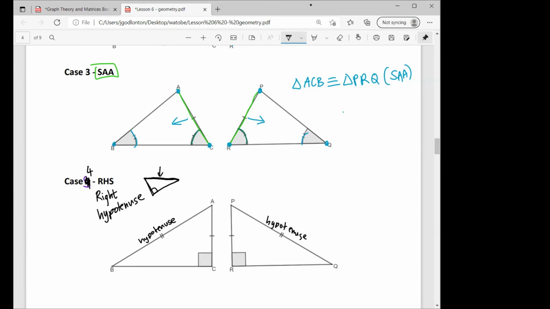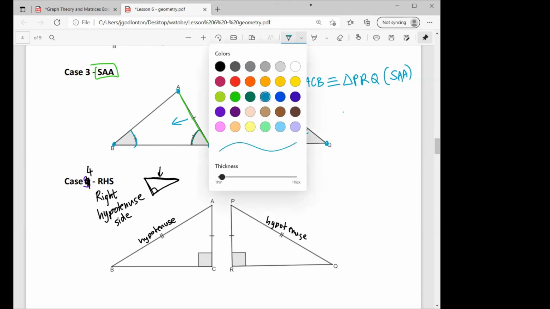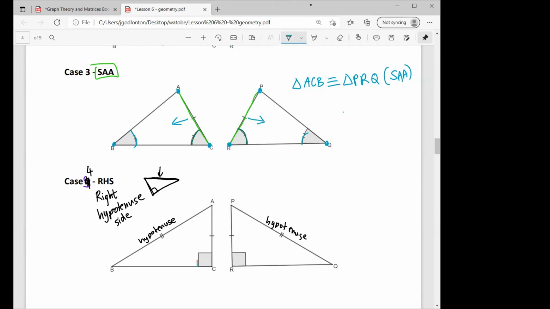And then the S stands for side. So let's have a look. We've got this right angle and this right angle, so they're the same as each other. Then we've got our hypotenuses, which we know are the same as each other, and we have our sides, which are the same as each other. So here I could say triangle ACB is congruent to triangle PRQ because of right angle hypotenuse side.